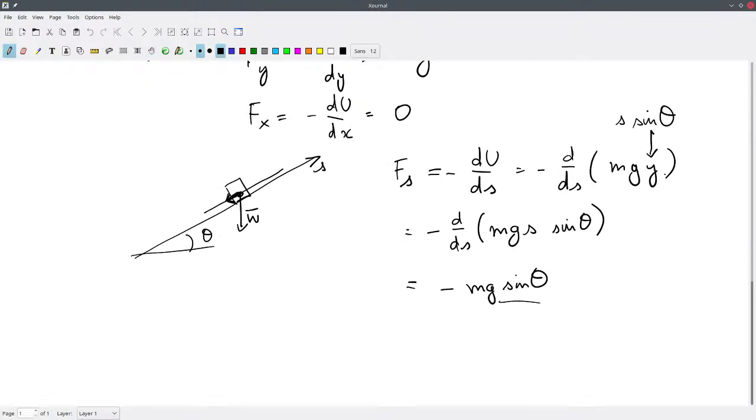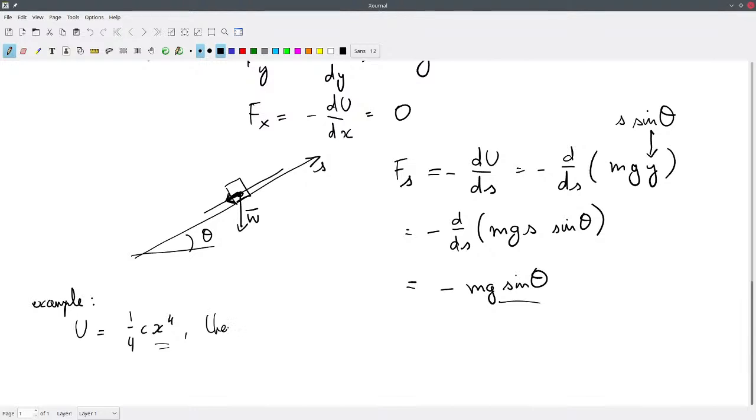Let's say, as another example, our potential energy is 1/4 cx to the 4th. What's the force? Well, we know that the force will be entirely in the x direction only because there's no dependence on y or z or any other variable here.